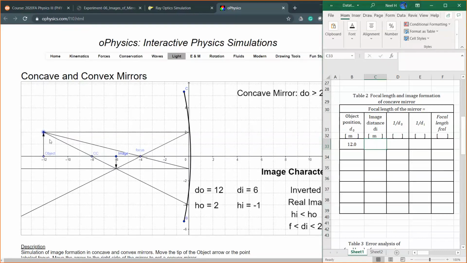Another ray can go all the way through the center of curvature. That is the radius direction of the mirror, so anything passing through it hits the mirror at a 90-degree angle and is reflected back onto itself. That's why on this line you're not going to see anything else. So I just need 2 rays.